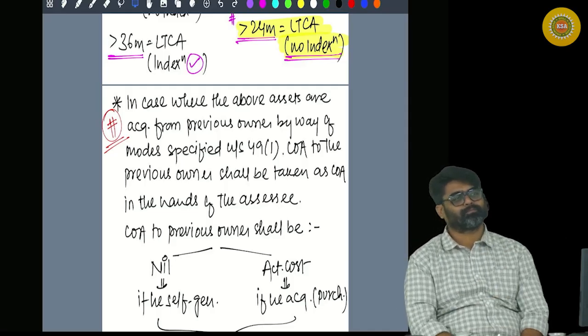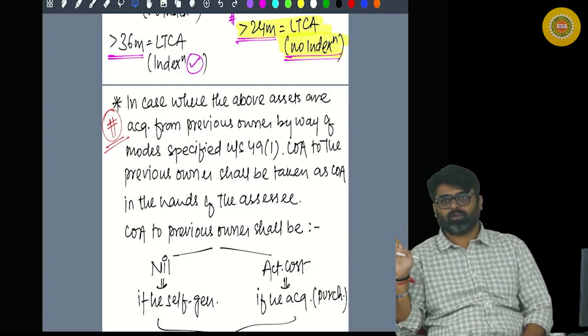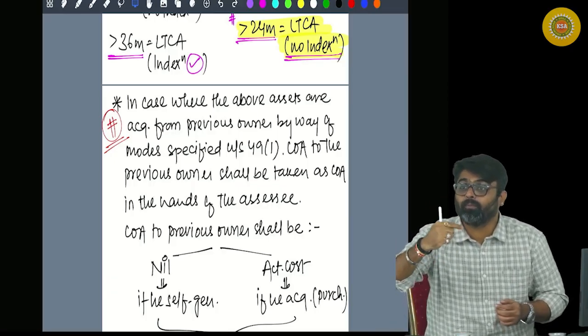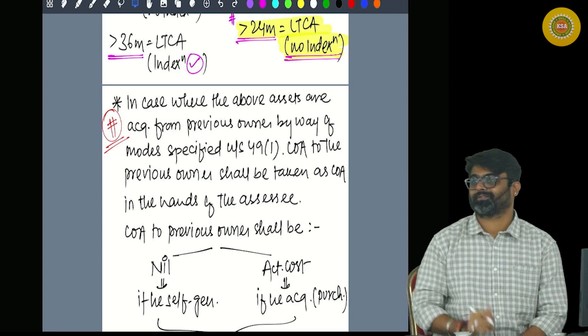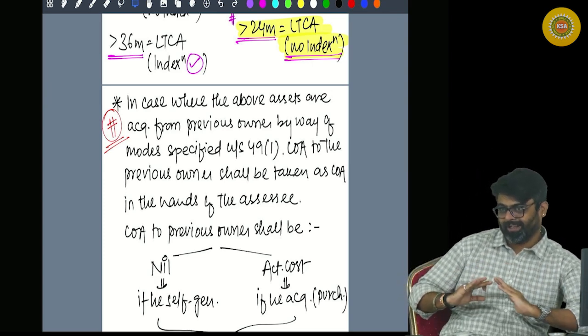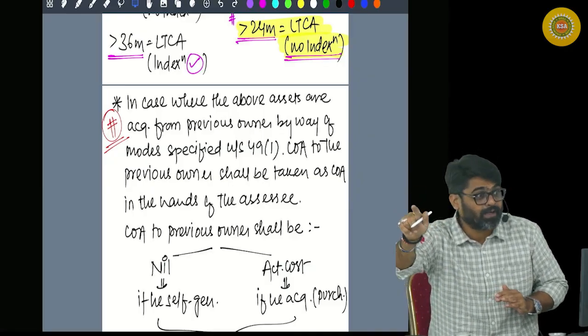If self-generated, nil, as per 55(2)(a). So what will be the cost for the previous owner? Nil. As per 49(1), that will be deemed to be your cost. Cost to the previous owner, nil, shall be deemed to be the cost in the hands of the assessee.